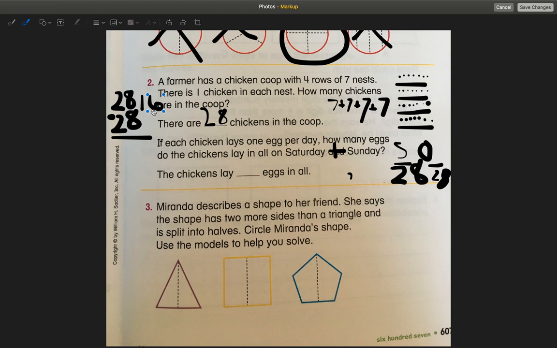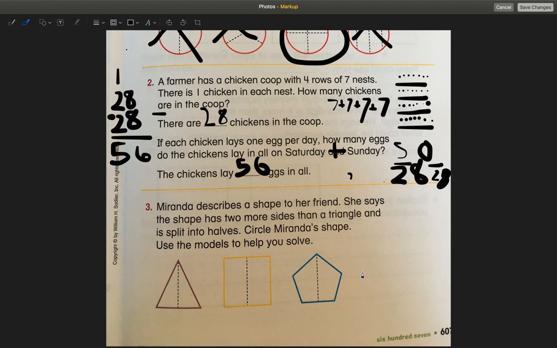This 6 goes below. Hey, I can even just move it. And this 1 goes above. And now I have 2 plus 2 plus 1. So 1, 2, 3, 4, 5. So our answer is 56. So the chickens lay how many eggs in all? They lay 56 eggs in all.